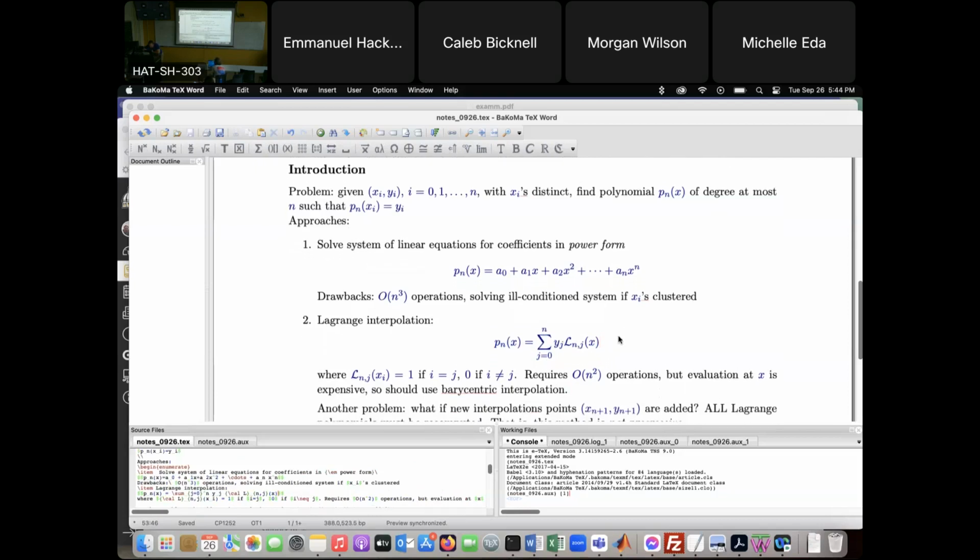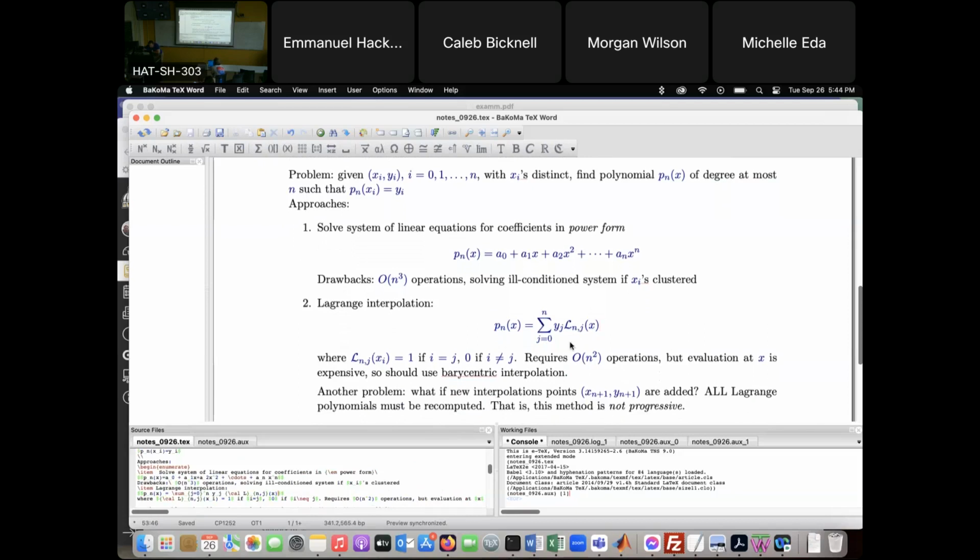Now, one drawback of the Lagrange approach, and it actually applies to the first approach too. Suppose you've gone ahead and constructed P_n of x in whatever form, and then you decide that you need to include more data. You want to use a higher degree interpolating polynomial to account for adding a new data point.